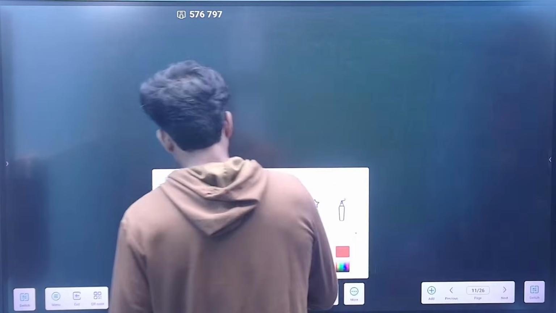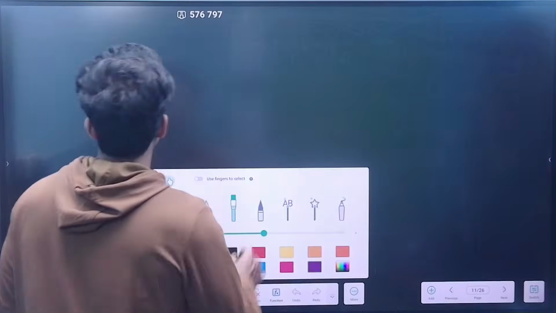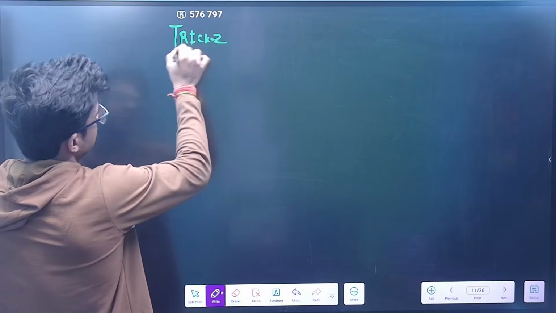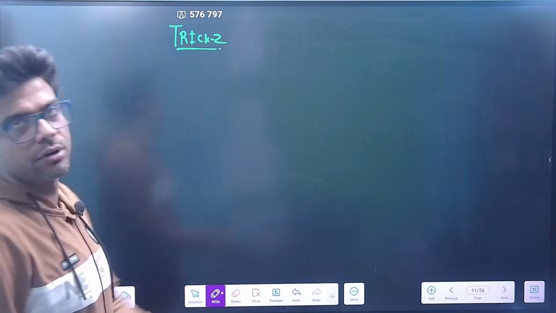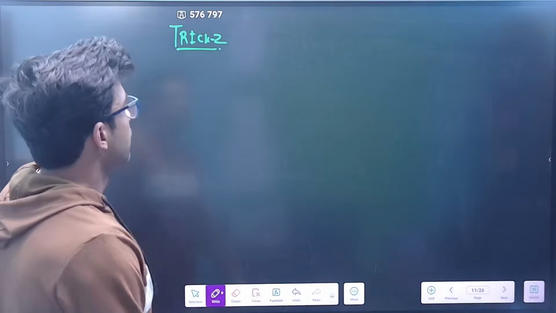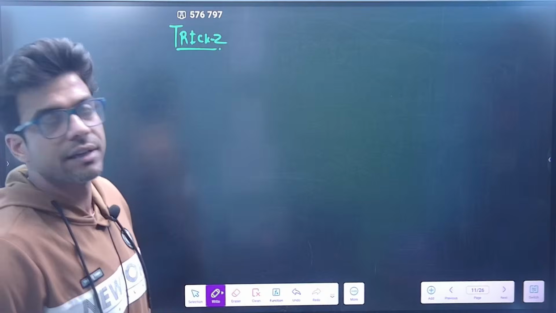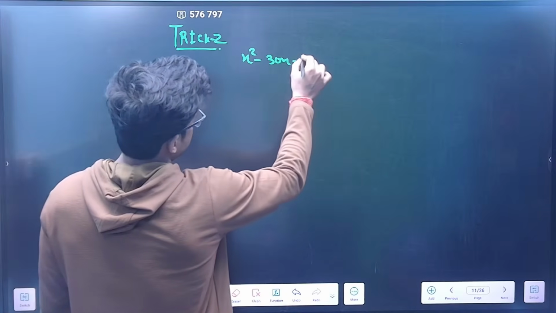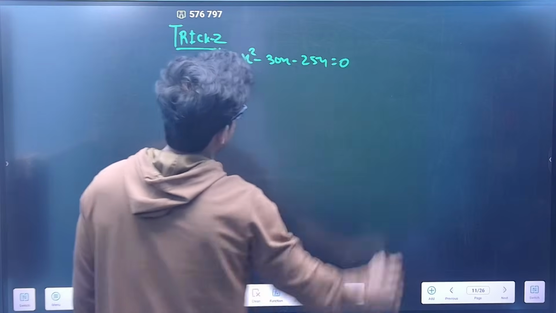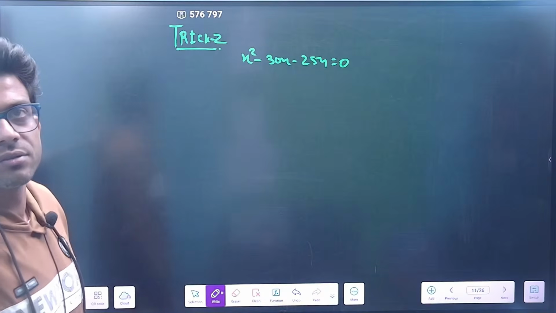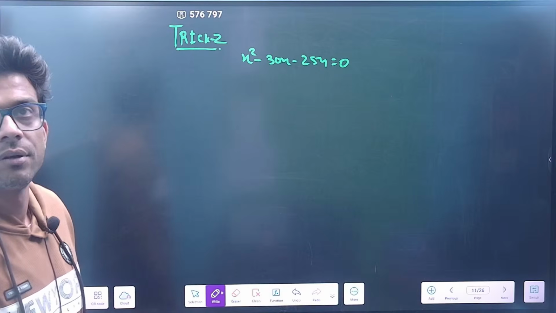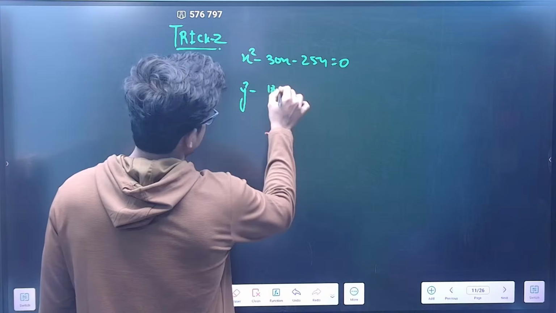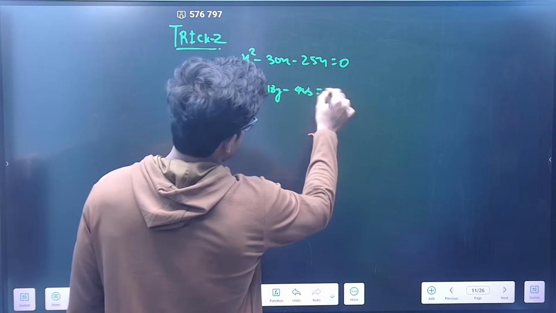Now let's go for trick number 2. These tricks are very important. Trick number 2 says what? If you have x square minus 30x minus 254 is equal to 0, and the second equation is y square minus 18y minus 403 is equal to 0.